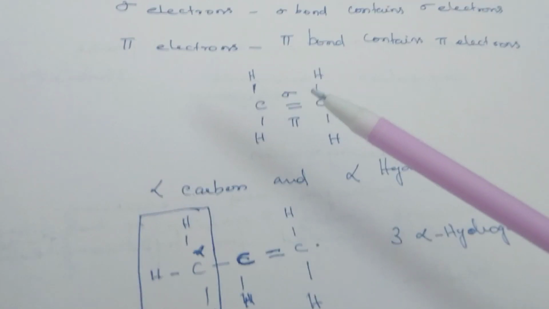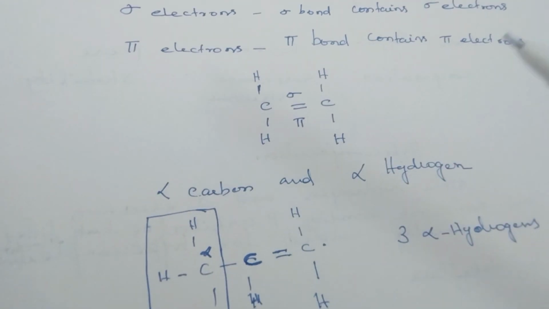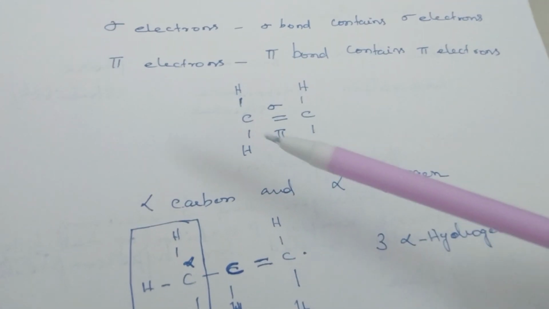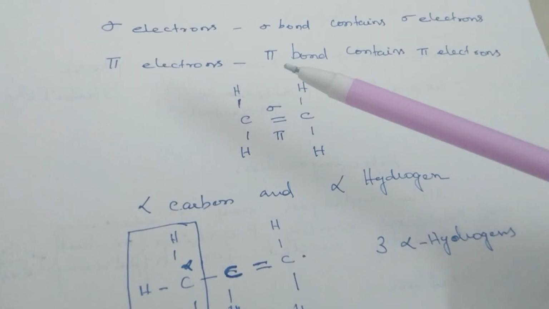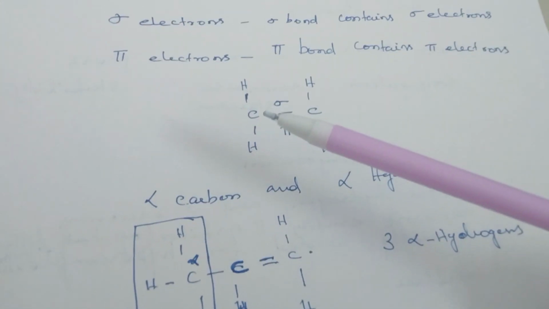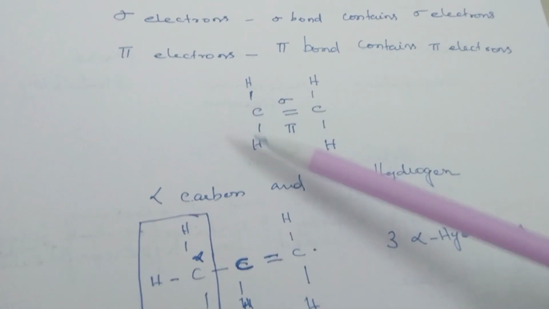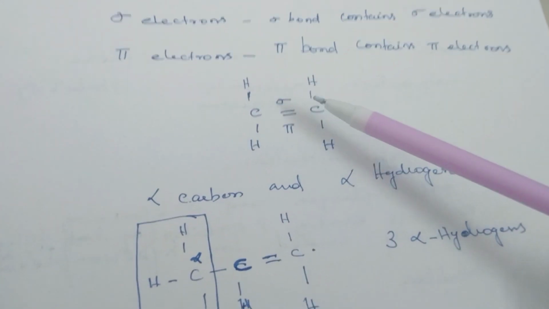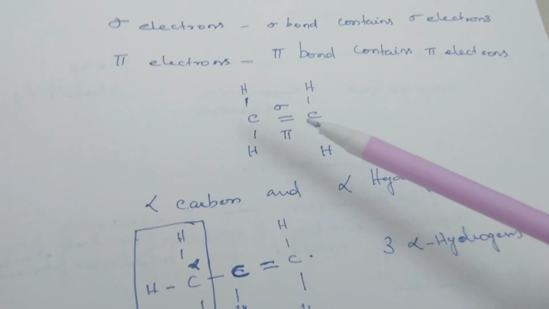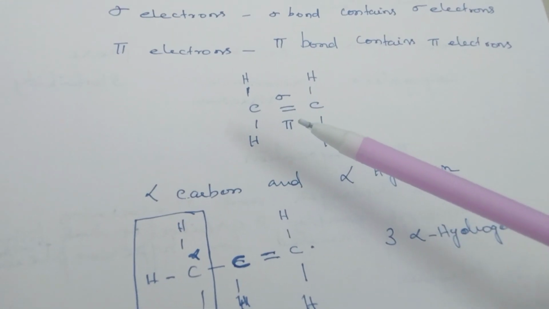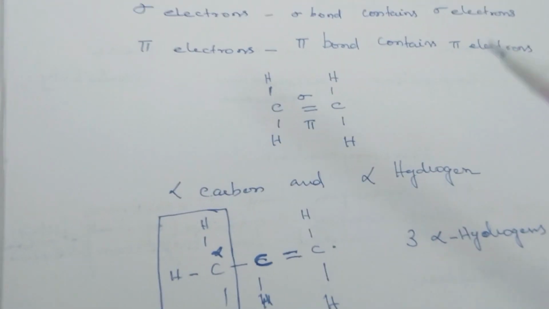That is the difference between sigma and pi electrons.